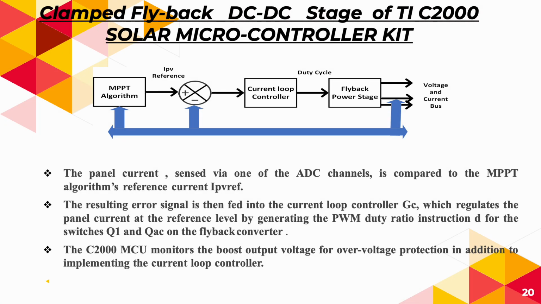This is a basic block diagram of the DC to DC converter stage of this electronic kit. And you can see there is an MPPT algorithm and the feedback control, which tries to achieve the maximum power through this algorithm.